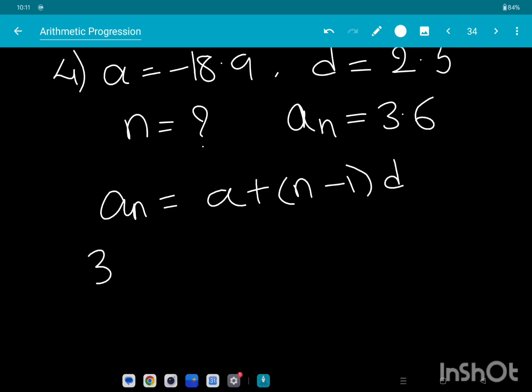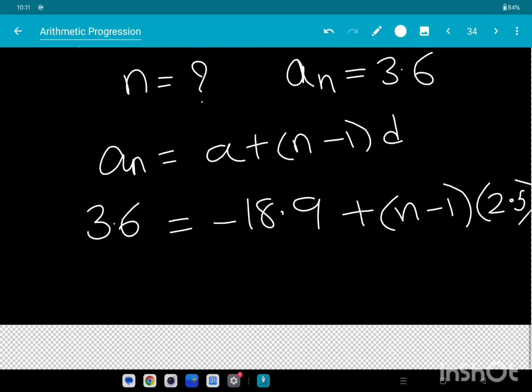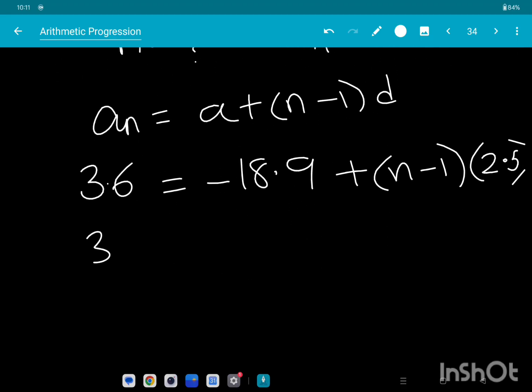What is the an value here? 3.6 is equal to, a value is minus 18.9 plus (n minus 1) into, what is the d value? 2.5, right? So we need to find this. 3.6 is equal to minus 18.9, here we need to multiply, plus 2.5 into n.